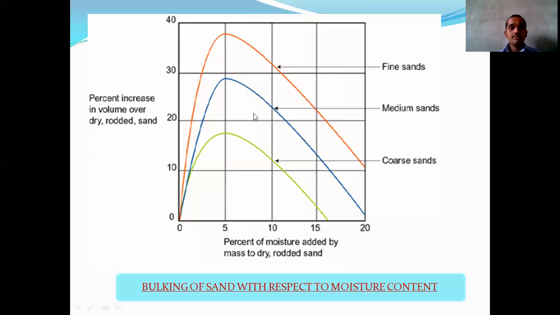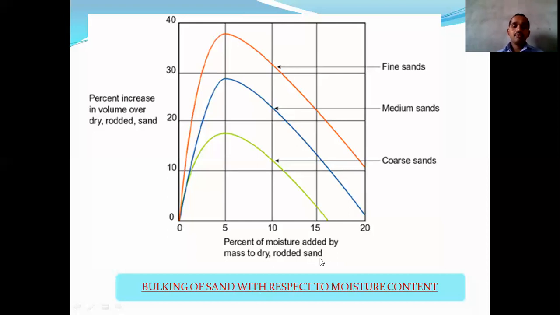Beyond a specific moisture content, if we increase the water content, there is a decrease in the bulking of sand, and after the sand is completely saturated, the bulking reaches zero.